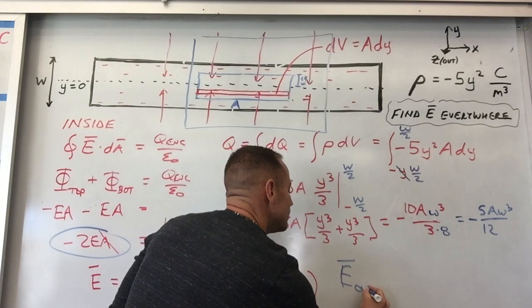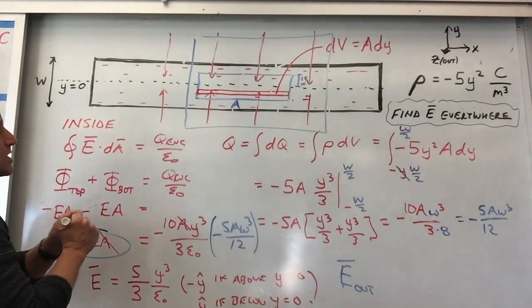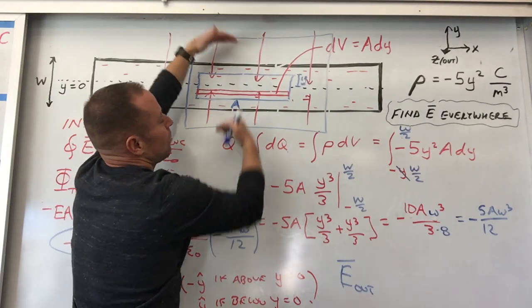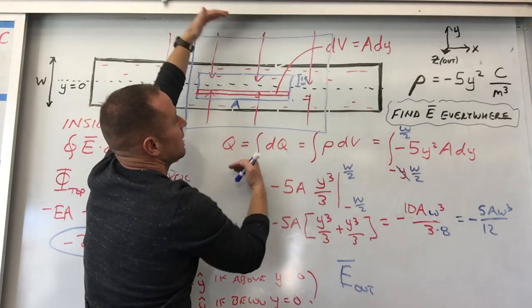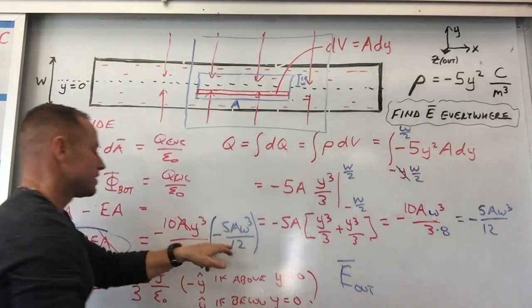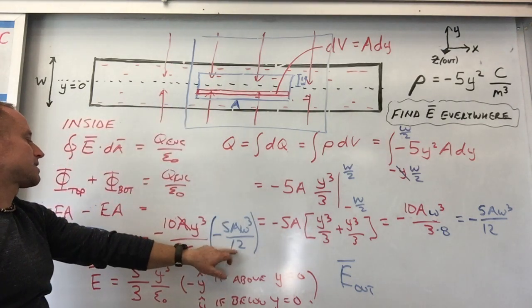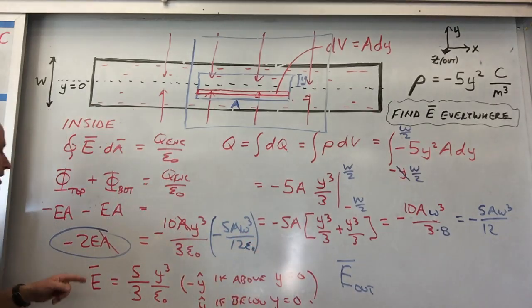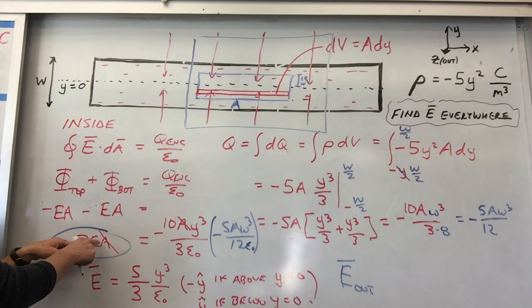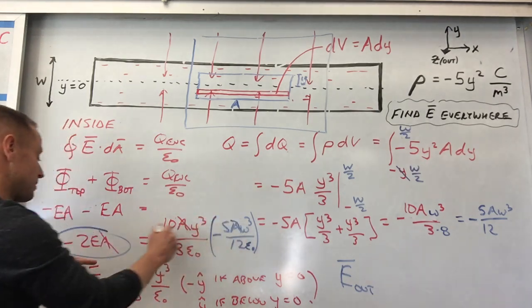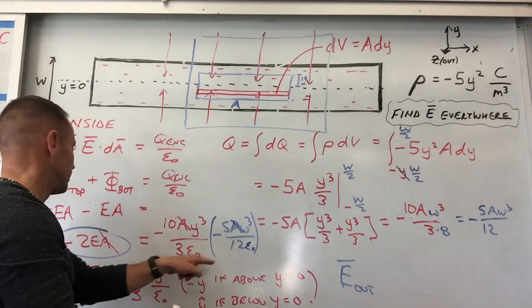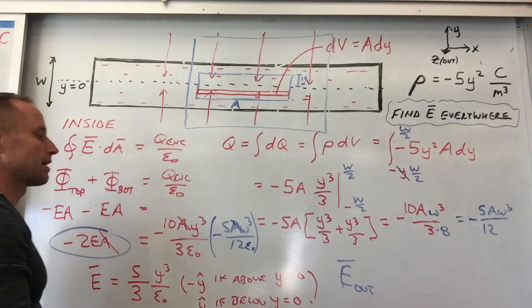And so now when you get the field outside, you don't have to redo all the work. What's changed here is that the amount of charge enclosed doesn't depend on how big your surface is once you're outside, because you've already got all of it. So this effectively ends up being a constant. Oh, I forgot the epsilon naught. And now you'll divide, again the a's cancel, just like before, and you'll divide by the negative 2 underneath this thing.